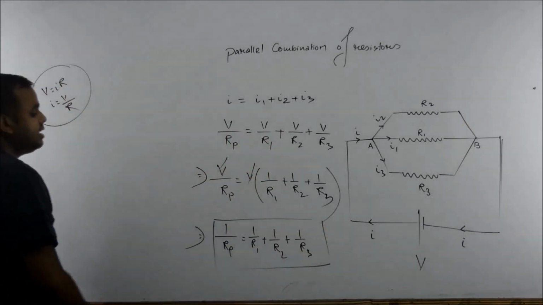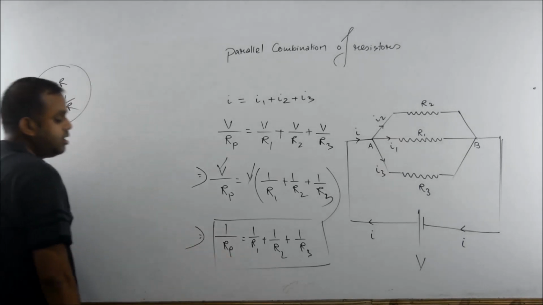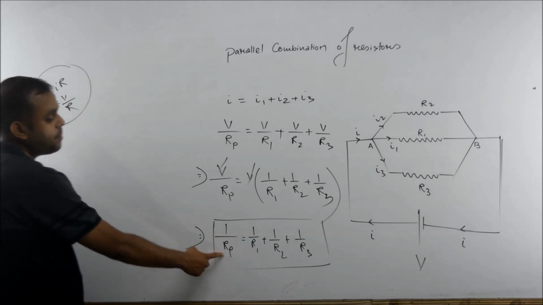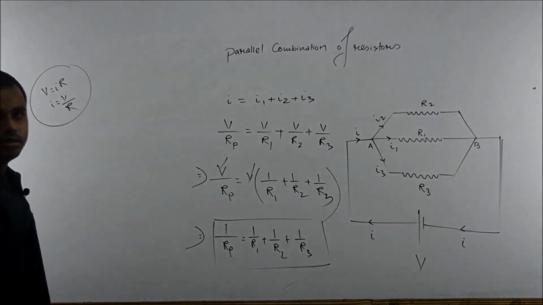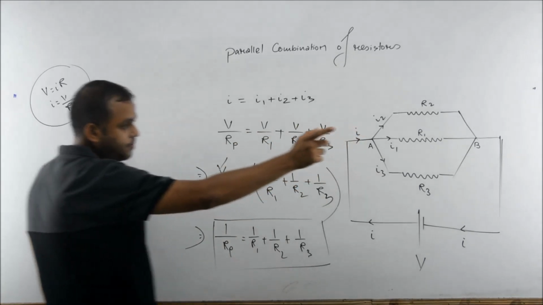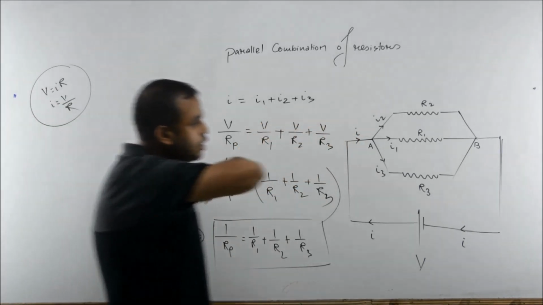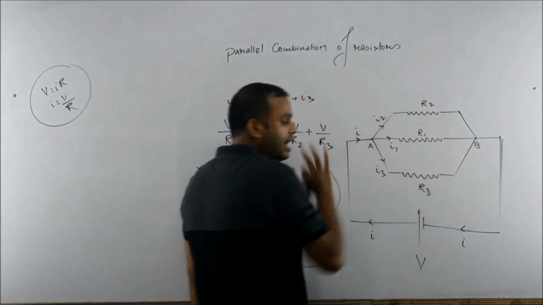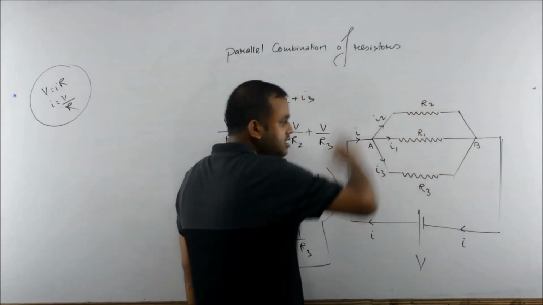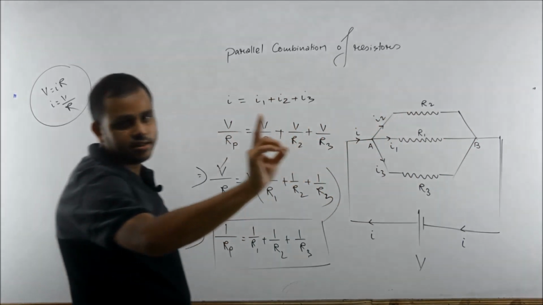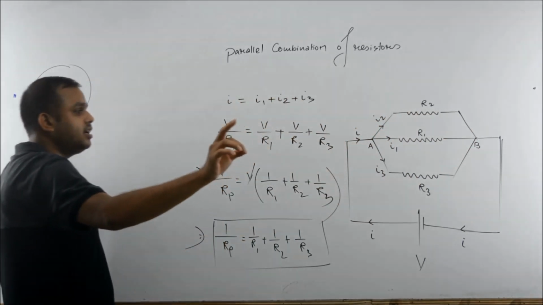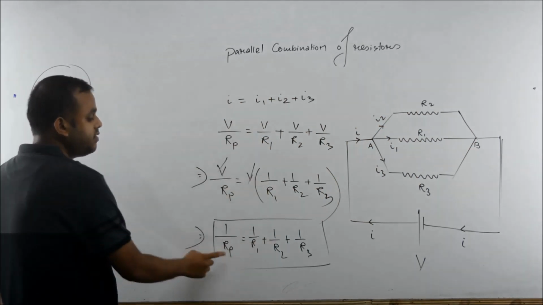This is the equivalent resistance, or combined resistance, of the parallel combination. If I wish to replace R1, R2 and R3, this combination, with a single resistor, then the resistance of that resistor is given by this formula.